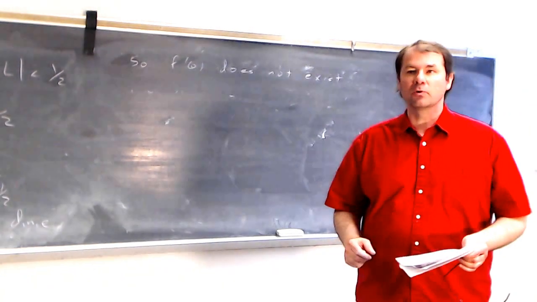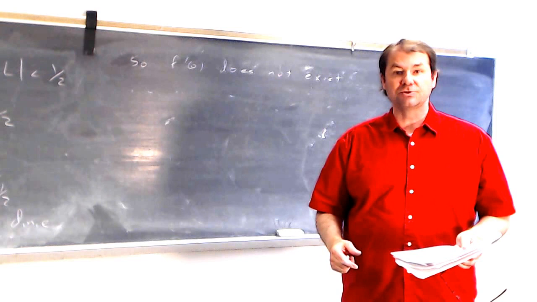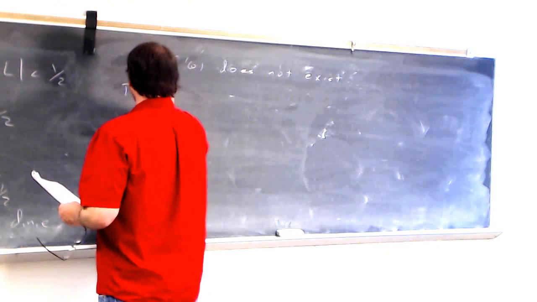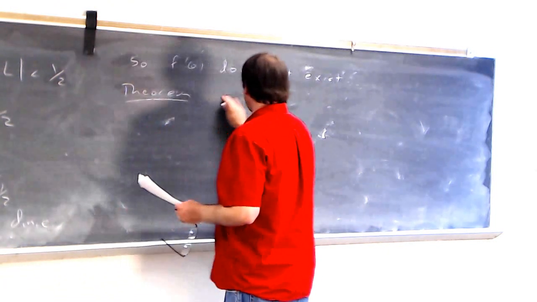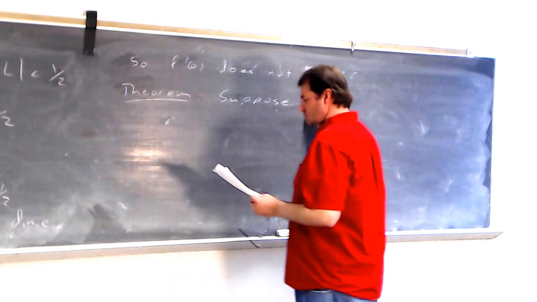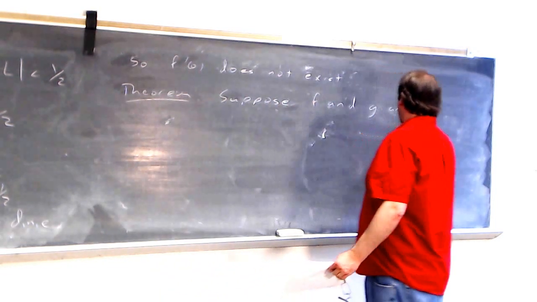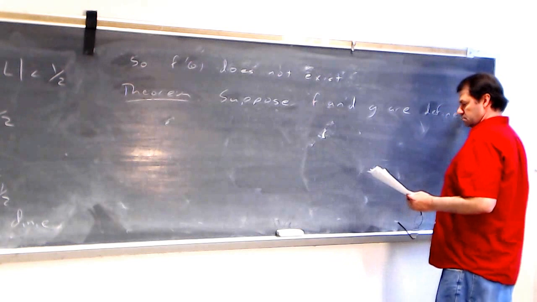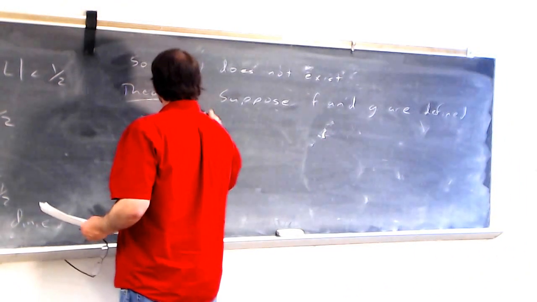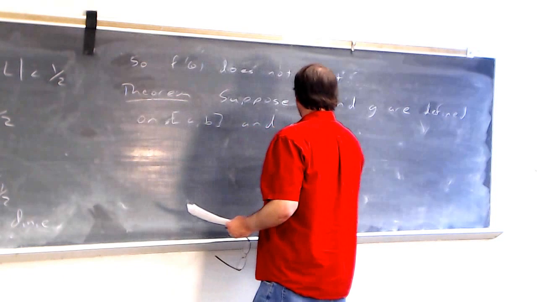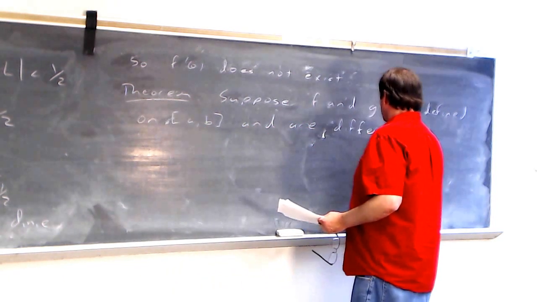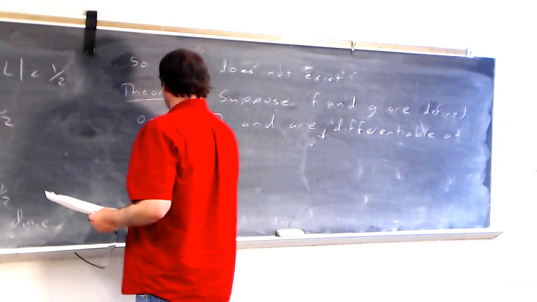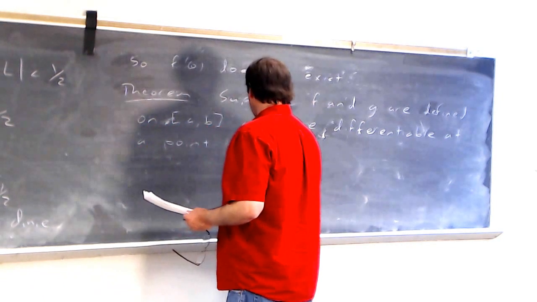Okay. The next thing we want to do is list a fact having to do with algebraic combinations of differentiable functions. And so here it is. Theorem says, suppose f and g are, well, first of all, defined on (a, b) and are differentiable at a point x, an element of (a, b).